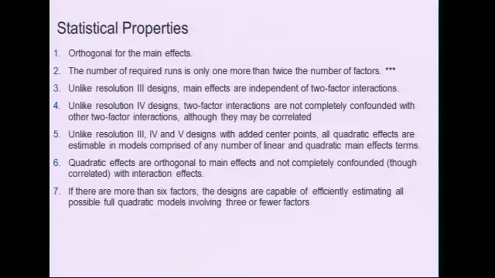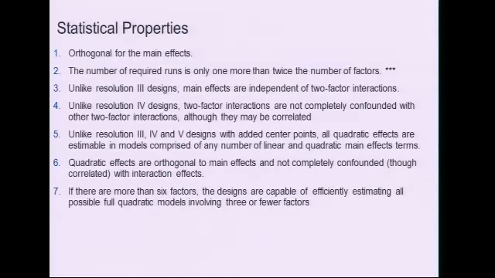Unlike resolution 3 designs, the main effects are completely independent of 2-factor interactions. Unlike resolution 4 designs, the 2-factor interactions are not completely confounded with each other, although they may be correlated.